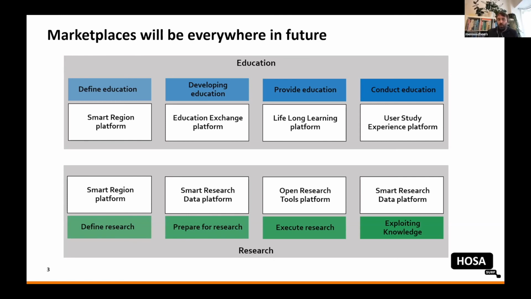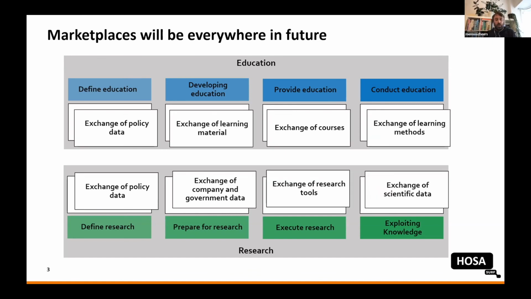So here on the screen, you can see the marketplaces we defined. And if you go to the next one, you can see that we have marketplaces in future for exchanging data, services, content. You know that in education and research we have several touch points.